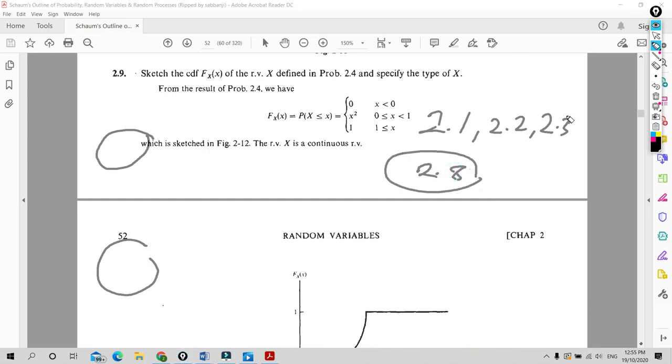So you have 4 questions here. Try to solve them. You don't have to send them to me, just for the exercises. For the exercises, try to solve 2.1, 2.2, 2.3, and 2.8. Okay, that's all for today's lecture.